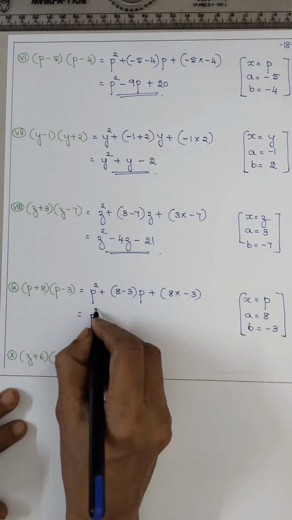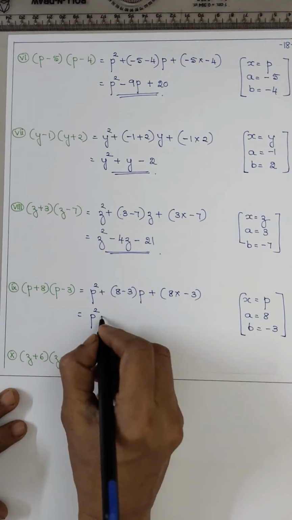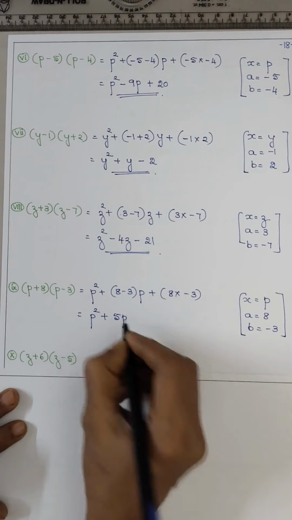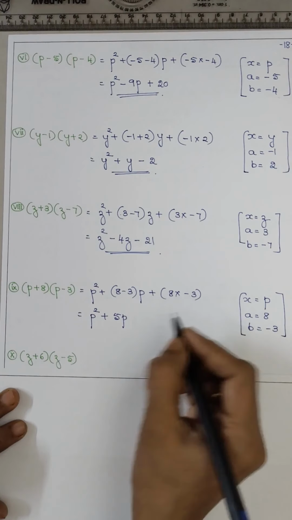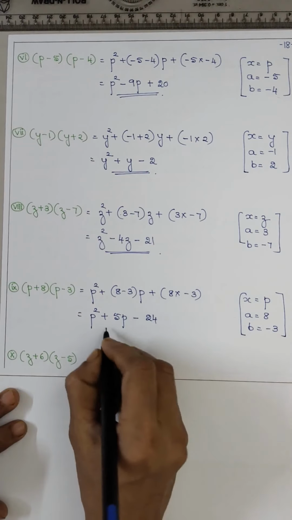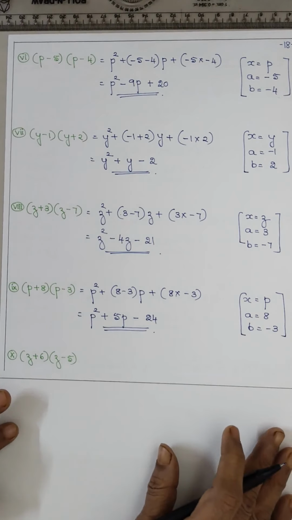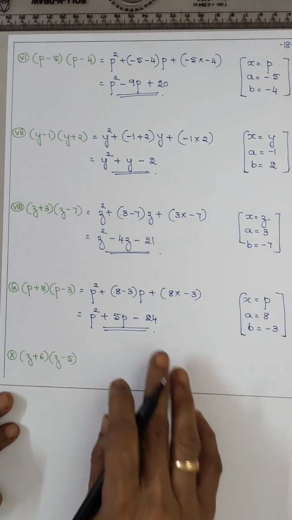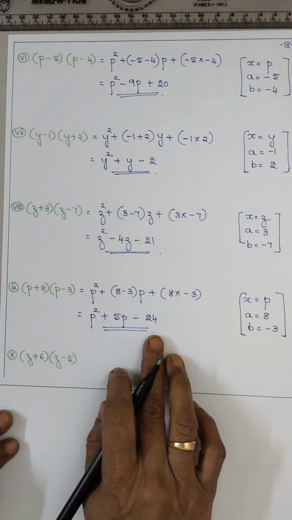P squared, 8 minus 3, 5p. Different signs, minus, 8 threes are 24. P squared plus 5p minus 24.